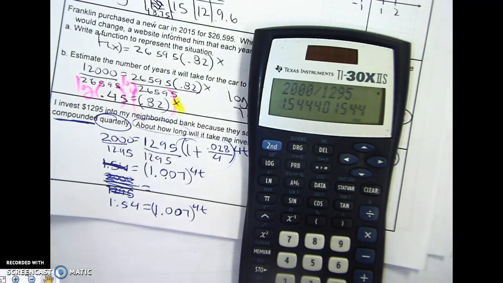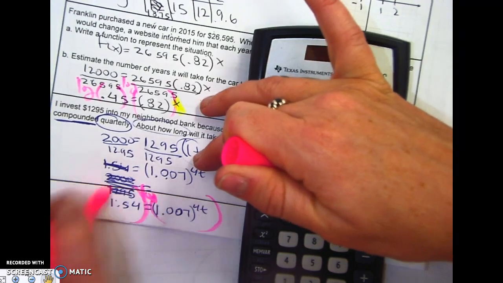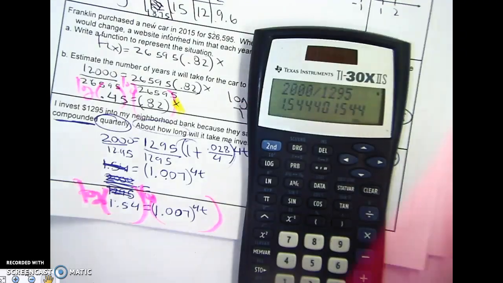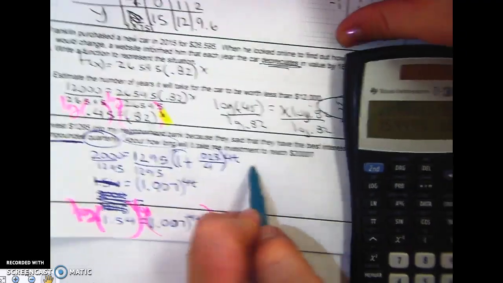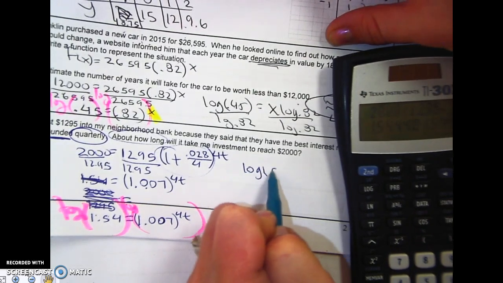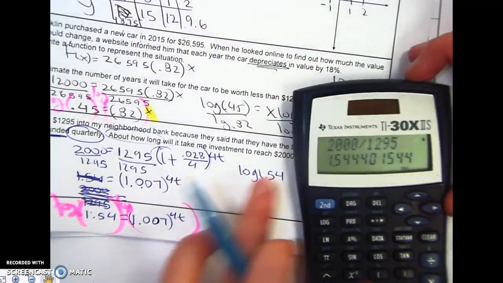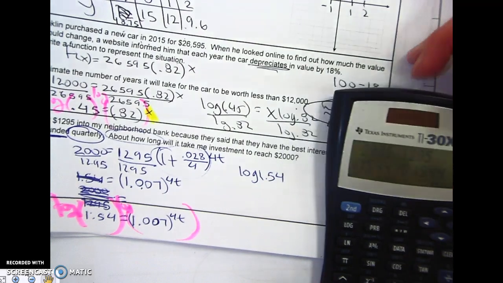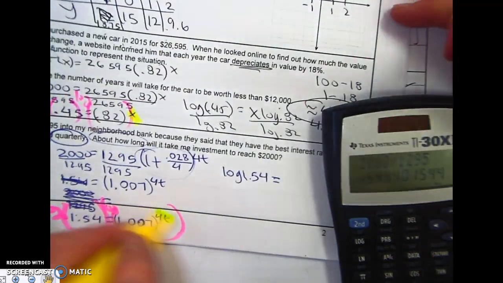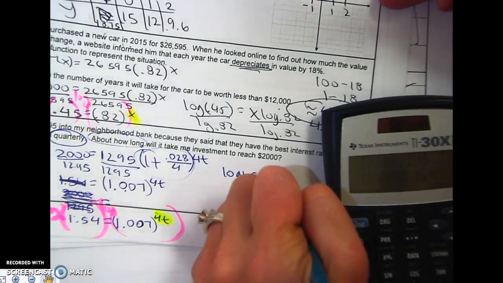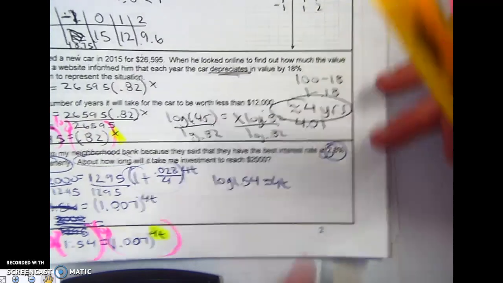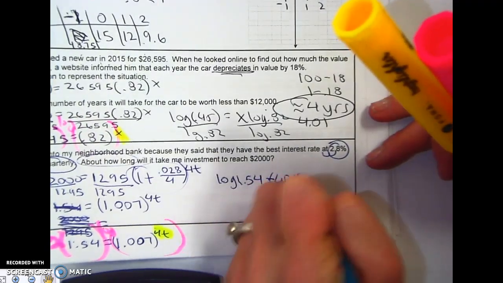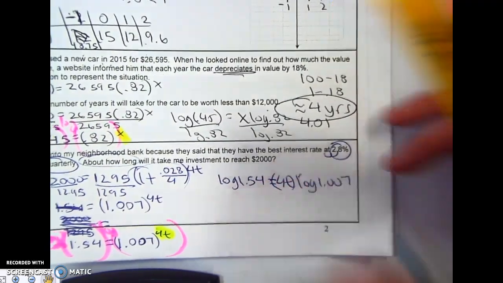Now what I need to do is log both sides. Okay, so if I log both sides, then it turns into log 1.54, knowing that I'm estimating it here, but it's perfect here, equals little, turns big, log 1.007.